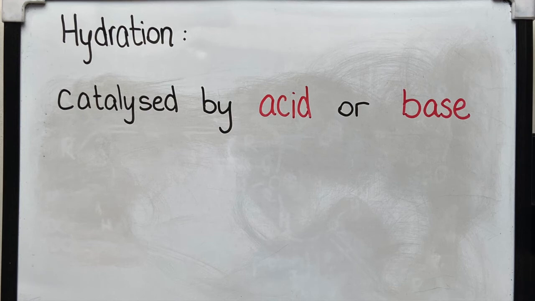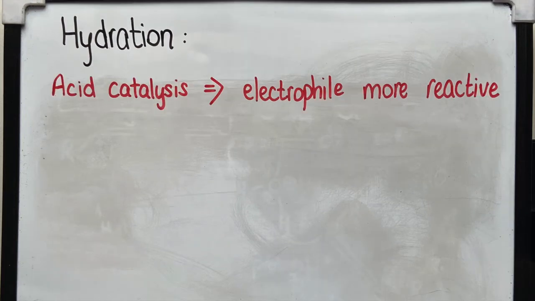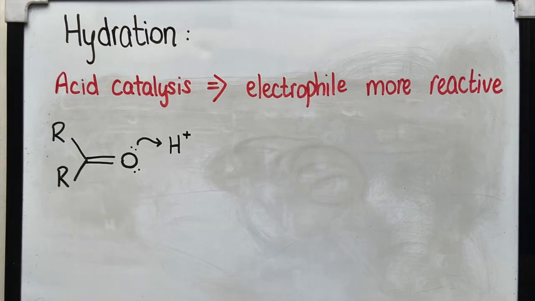Interestingly, we find that hydration reactions of carbonyl compounds can be catalyzed by both acid and base. For acid catalysis, the electrophilic carbonyl species becomes more reactive. The H plus from the acid reacts with a lone pair from the oxygen of the carbonyl group.